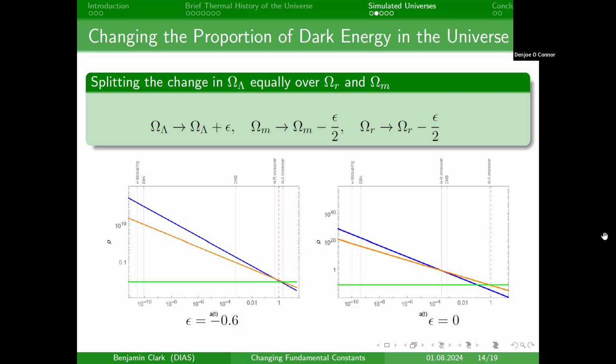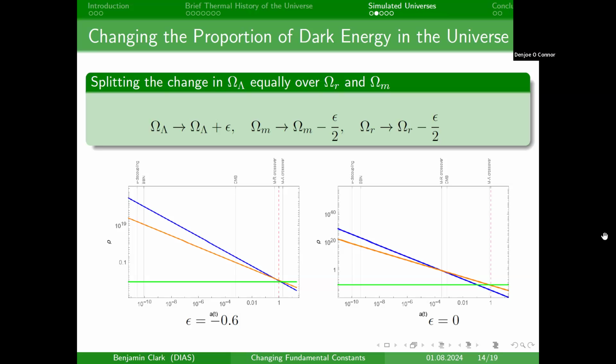It's very hard to see, but in our universe we're living in a dark energy dominated universe. In this simulated universe, we today would only be in a matter dominated universe instead of a dark energy dominated universe.